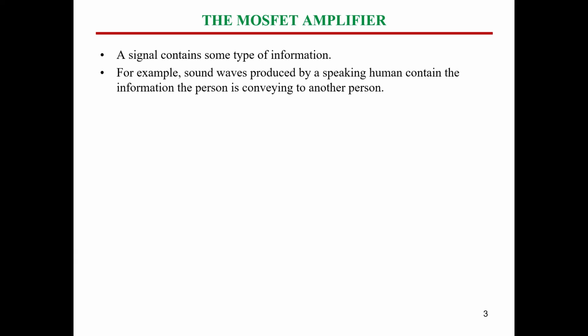For instance, sound waves produced by a speaking human contain the information the person is conveying to another person. These sound waveforms are transmitted by mobile phones and even landline phones, or whatever the medium of transferring the data.